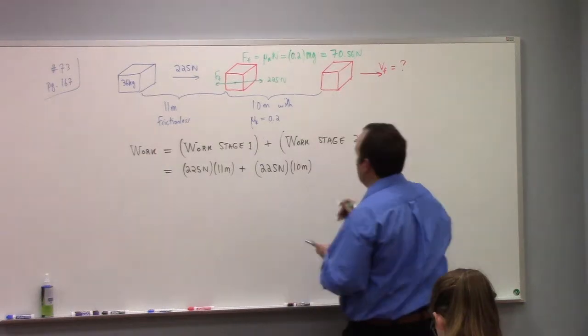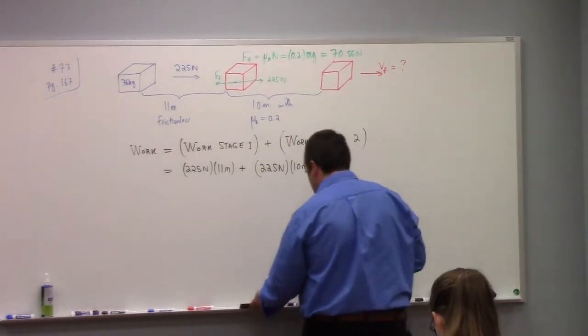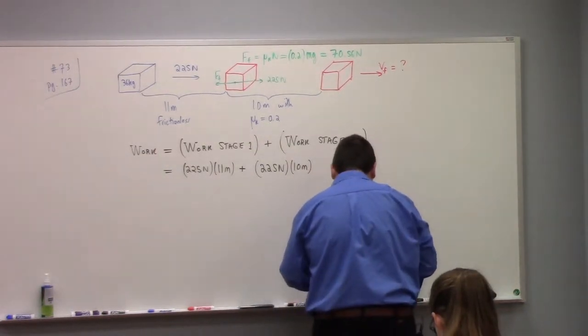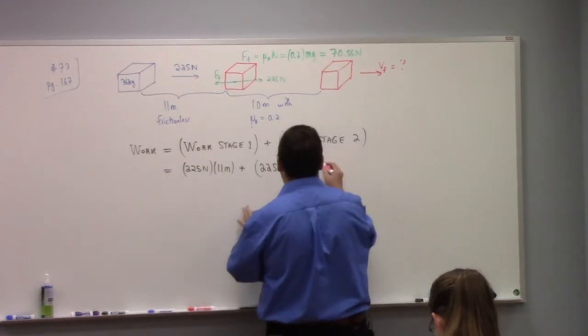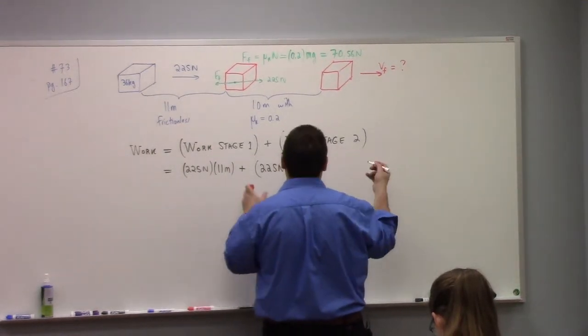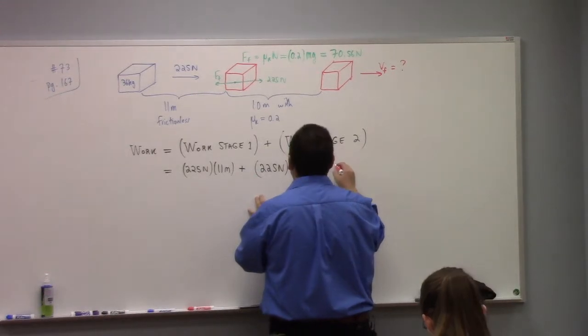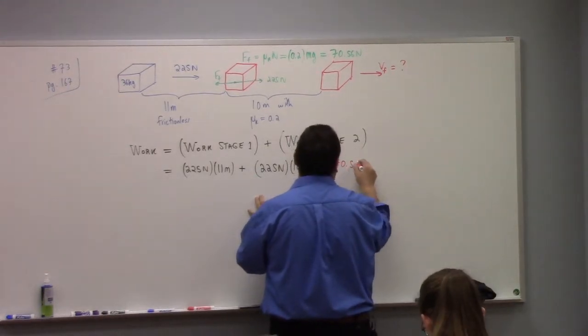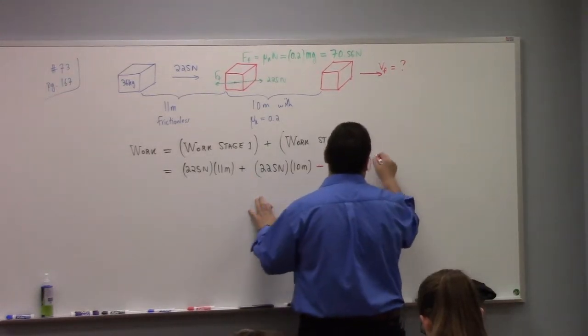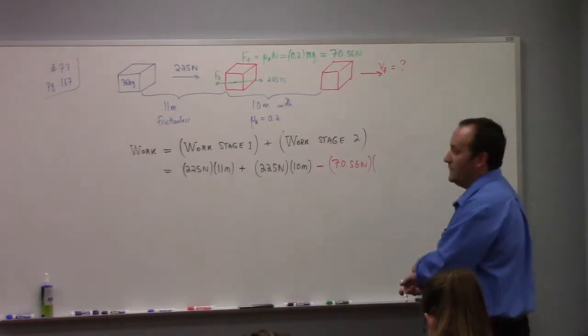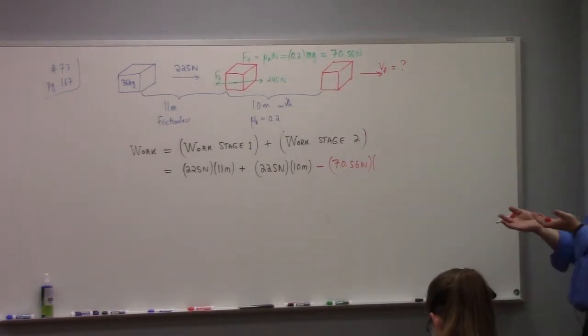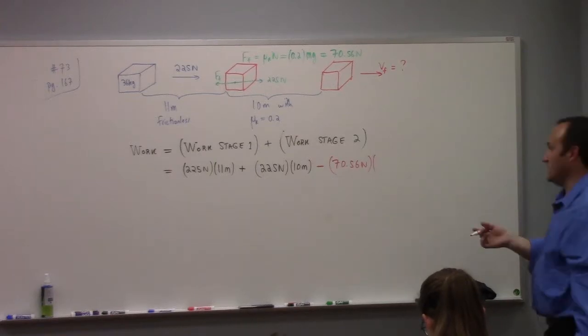So we have to subtract the work done by friction, the energy lost to friction really, which is the negative work. It's minus 70.56 times what? What distance is that force of friction applied over? Just the last 10 meters, right? So 10 meters.